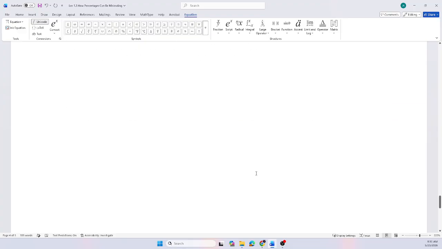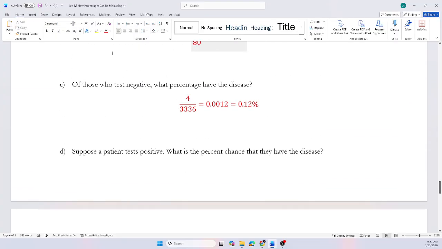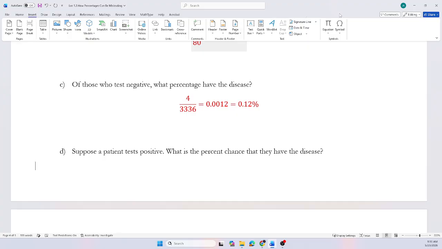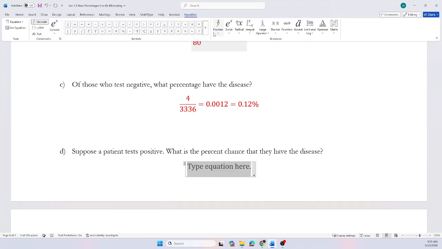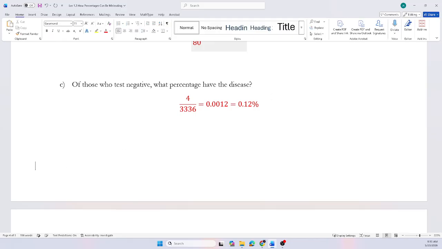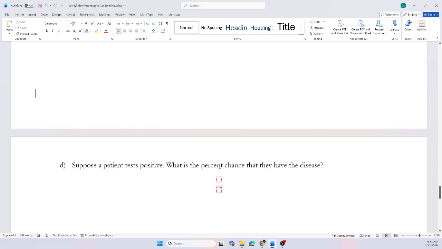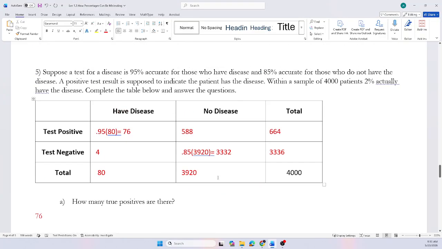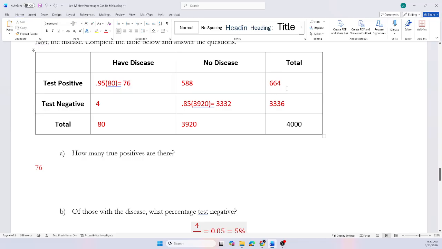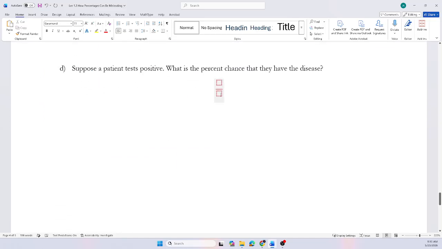And our last question for this lecture. Suppose a patient tests positive. What is the percent chance they actually have the disease? So they tested positive. So that means they are one of these 664 people that tested positive.